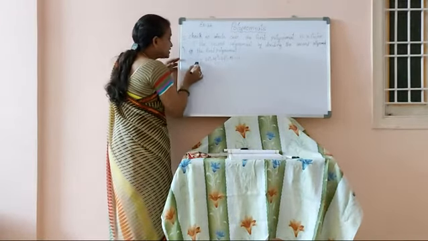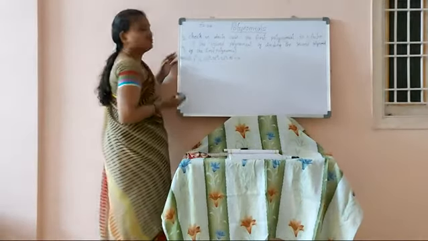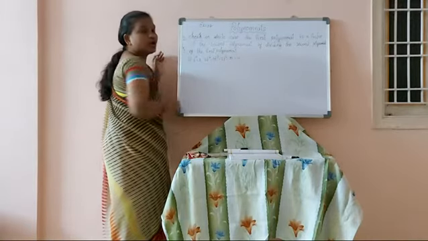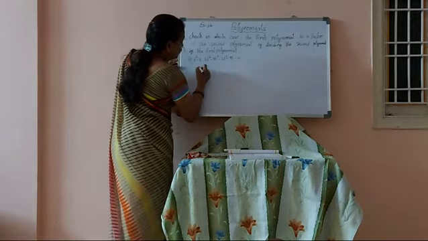Now if you see this divisor t square minus 3, there is no t power 1 term, so you have to keep it as 0 into t. Now we will divide.